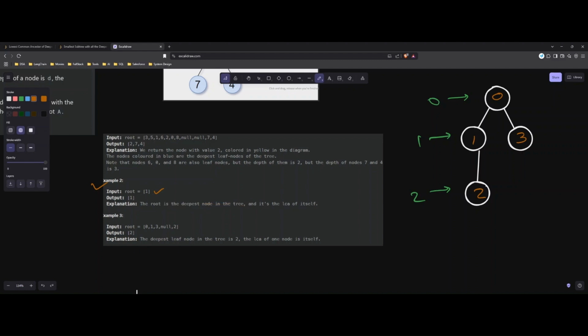Yes, it can be, because it is already the lowest common ancestor of itself. Suppose we have only one element, so every element can be the ancestor of itself because it doesn't have any children. So this is the case that we have to take care of.